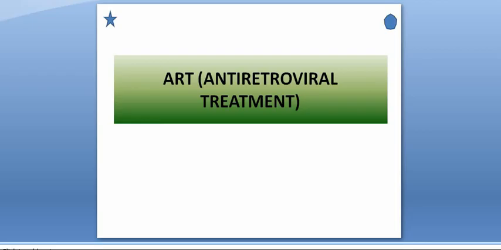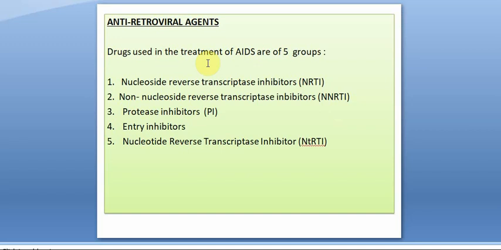Now, I have discussed the necessity for this ART. Now we will see what are the drugs given in this ART, that is antiretroviral therapy or treatment. We have got 5 groups. Some books give 4 classifications, some may give 6. First is nucleoside reverse transcriptase inhibitors.